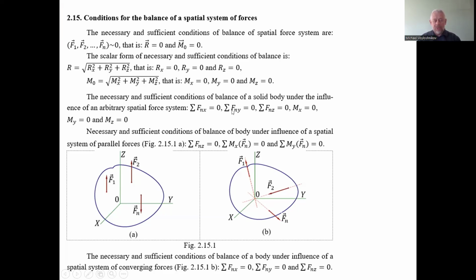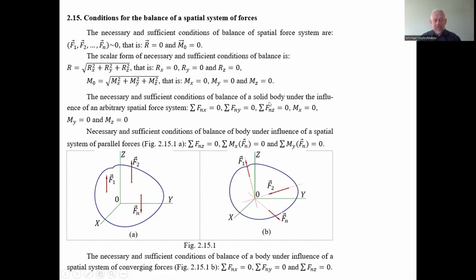And the total of the projections of all forces of an arbitrary system of forces on the ordinate axis all together is equal to the projection of the resultant force on the ordinate axis, and the same for the total of all projections of forces acting on the mechanical system or body on the applicate axis, equal to 0.